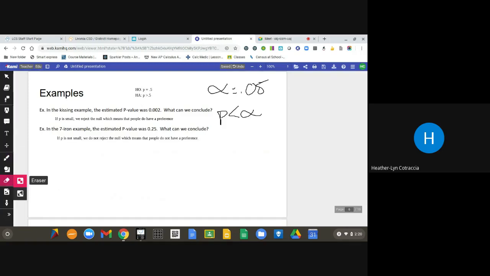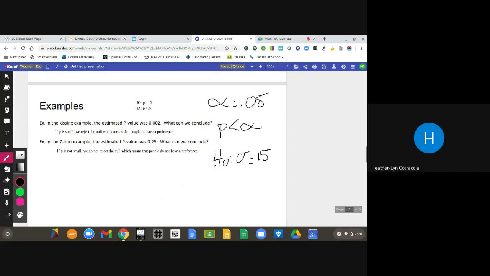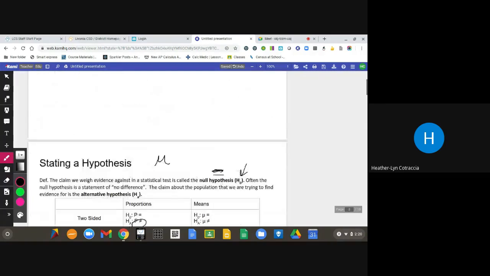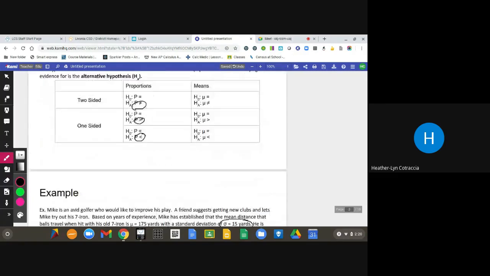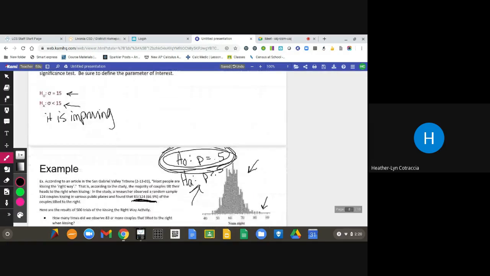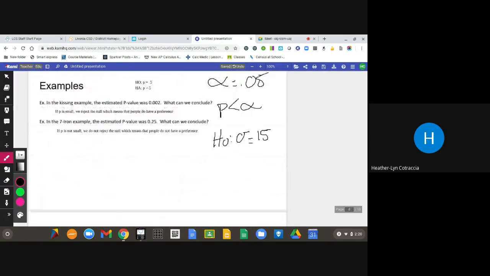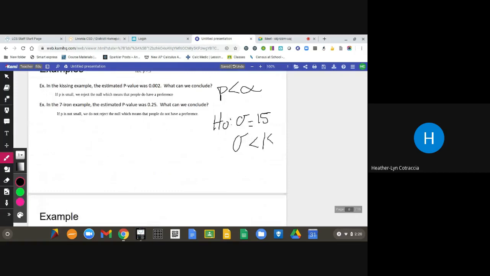Okay, now I'm going to erase that because I didn't really want to cross that out. We're going to look at the second one. In the 7 iron example, the estimated p-value was 0.25. And that one, if you remember correctly, the standard deviation is equal to 15, and the alternative was less than 15 because it decreased the variability.